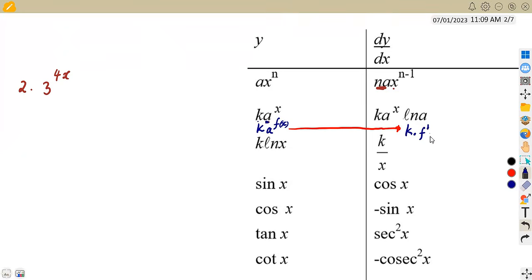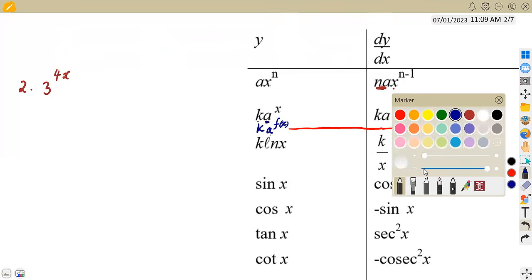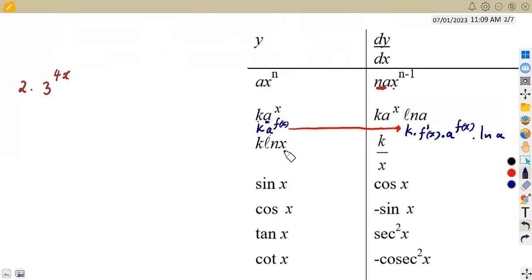So it's going to be the first derivative of f of x times a to the exponent of f of x, times the ln of our base, which is the ln of a. This is what you're going to have at the end. It is the same thing that you're going to have throughout on our derivatives.